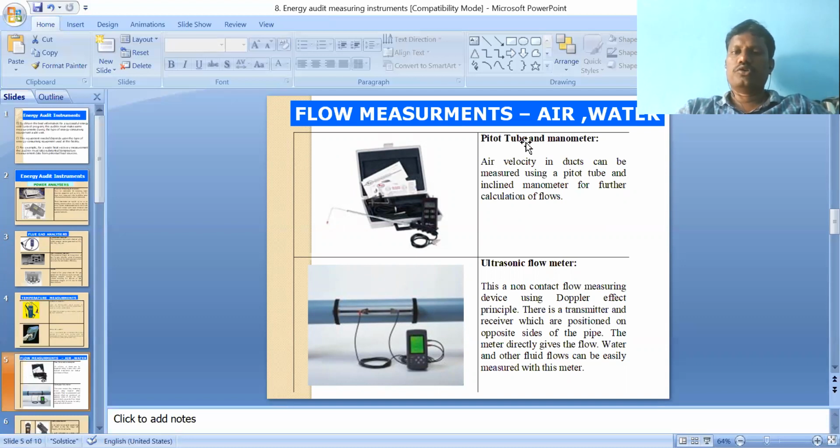Then the ultrasonic flow meter is a non-contact flow measuring device using the Doppler effect principle. There is a transmitter and receiver positioned on opposite sides of the pipe. The meter directly gives the flow, and water and other fluid flows can be easily measured with this meter.